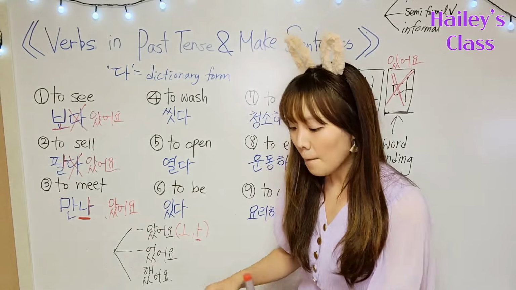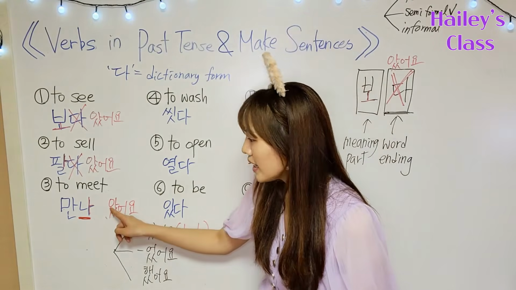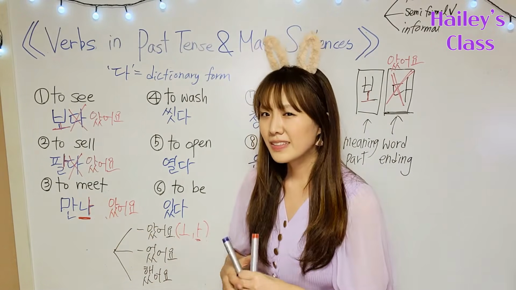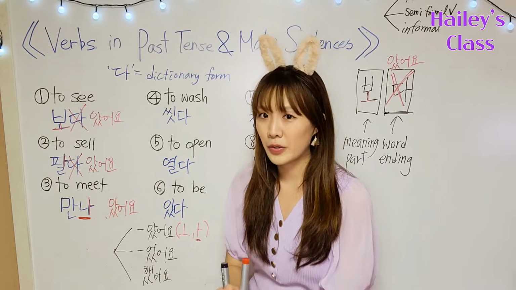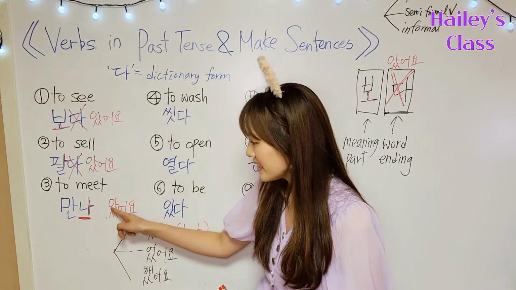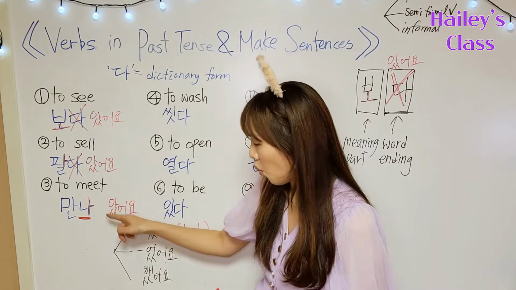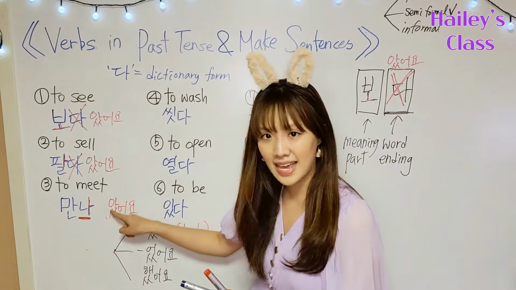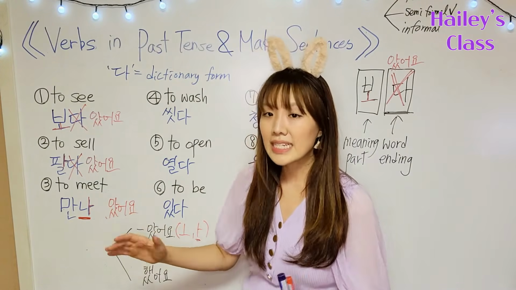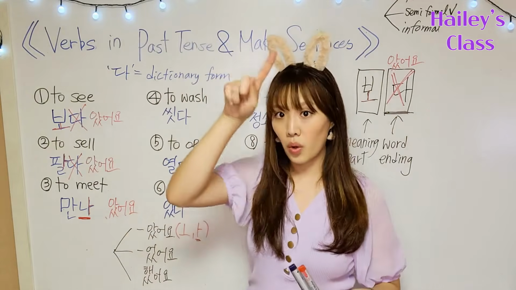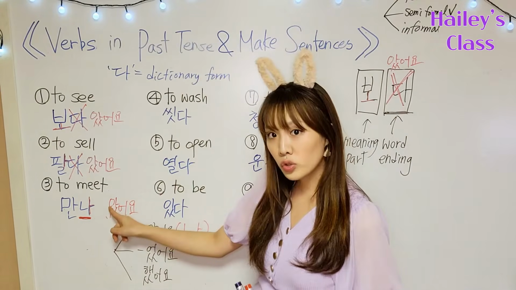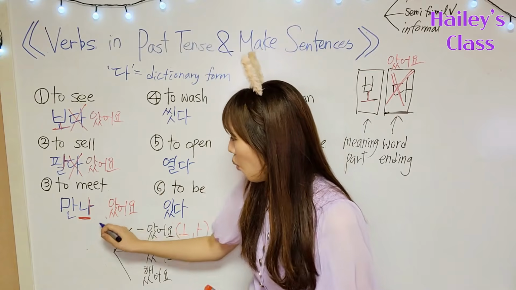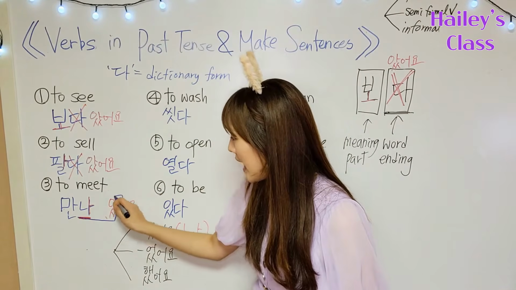만나았어요, right? But actually, when you learn a little bit of Korean, you might know this ㅇ, it doesn't mean anything. There is no pronunciation. This is actually nothing. This is zero. So they want to combine together.